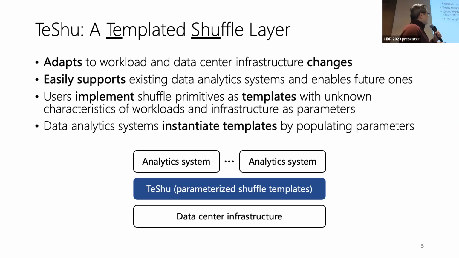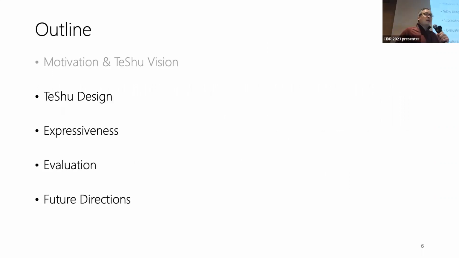What users will provide in this case are shuffle primitives that we call templates, with unknown characteristics of workloads and infrastructures that you can supply as parameters. And what data analytics systems will do is then instantiate these templates by populating the parameters. And here's a picture that illustrates what it looks like. Now, in the rest of the talk, I'm going to provide an overview of the TeShu design, talk a little bit about expressiveness, some of our preliminary evaluation results, and also future directions.